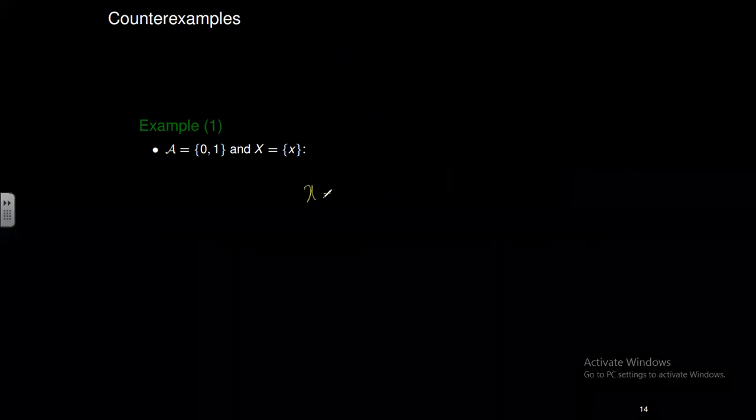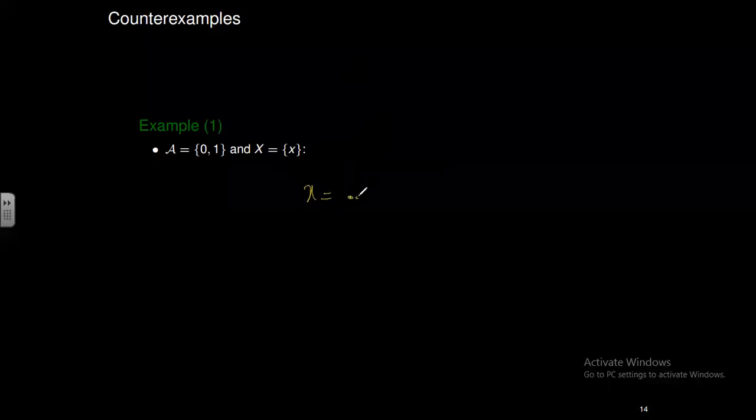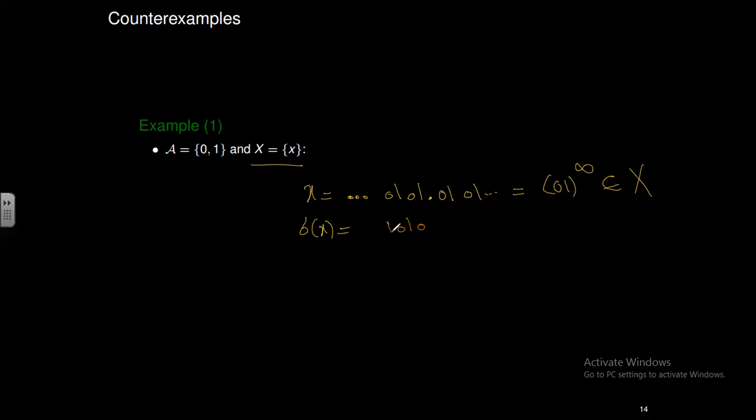If for example X is equal to the single point 0 1 0 1 and so on, and we act with the shift map, this one point shifts to the left, so you have 1 0 1 0 and so on.